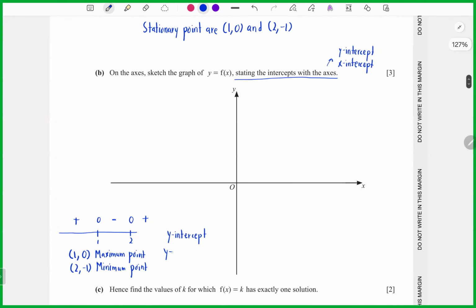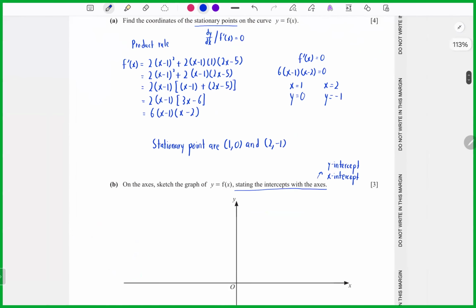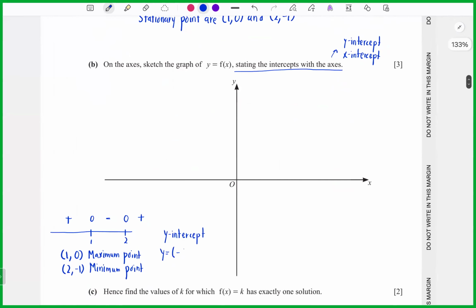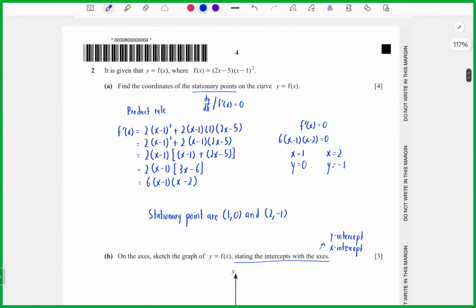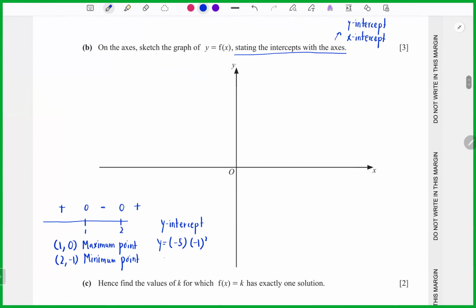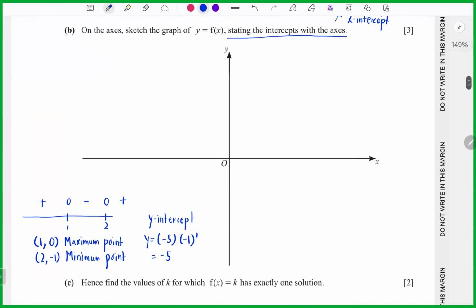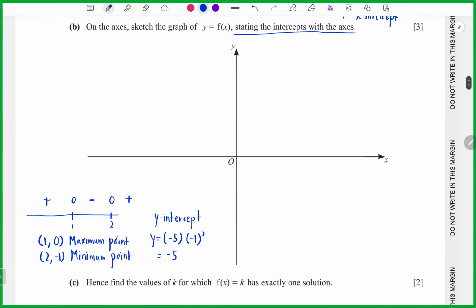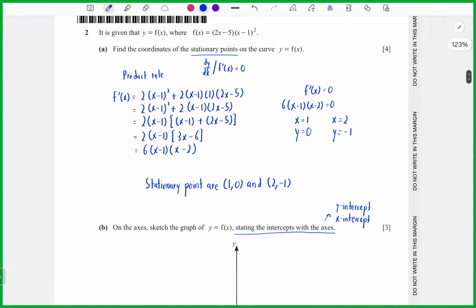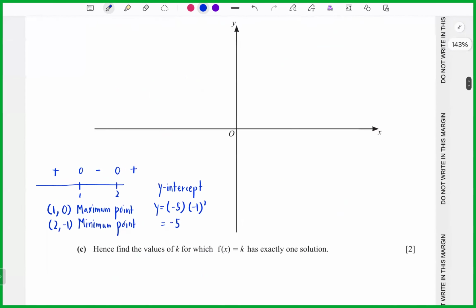So y equals to bracket negative 5, negative 1 square. You will get y-intercept equals to negative 5. And then we try to find the x-intercepts.